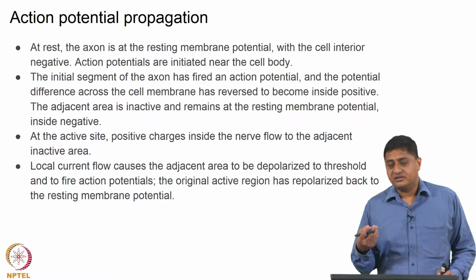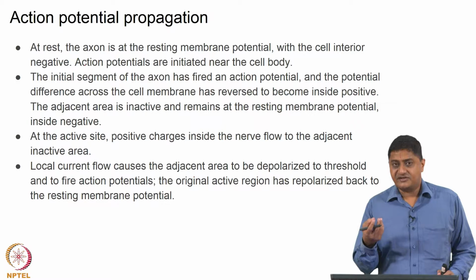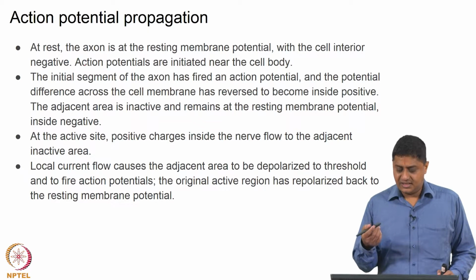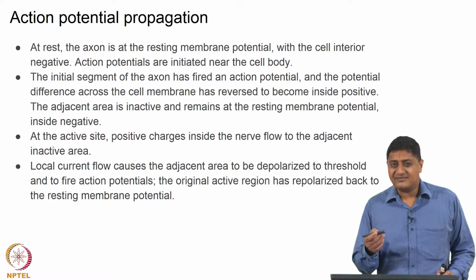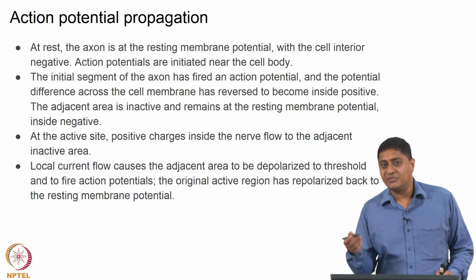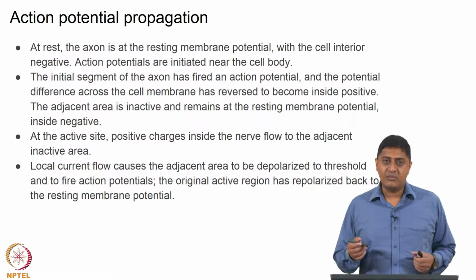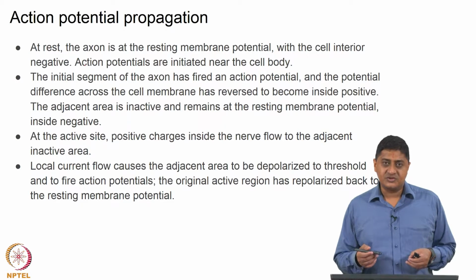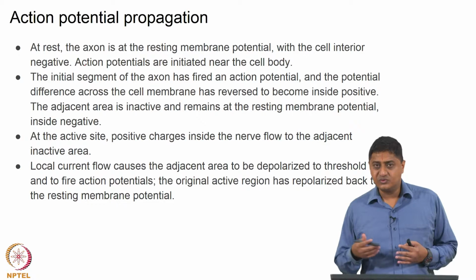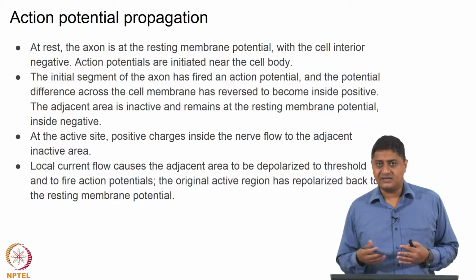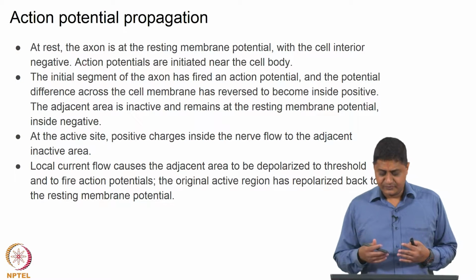Whenever the initial segment of the axon fires an action potential, this potential has the ability to cause action potential in neighboring regions, because it turns out that the amount of sodium that enters through the voltage gated sodium channel propagates, or basically diffuses, through the intracellular fluid.